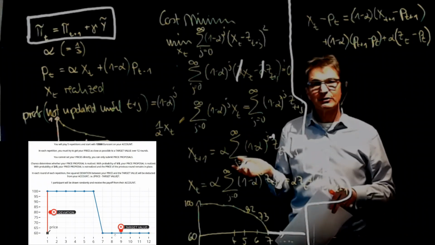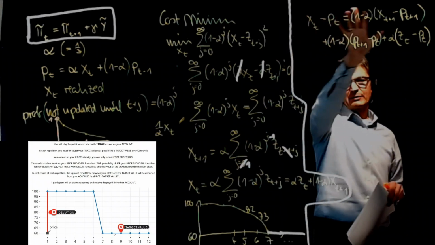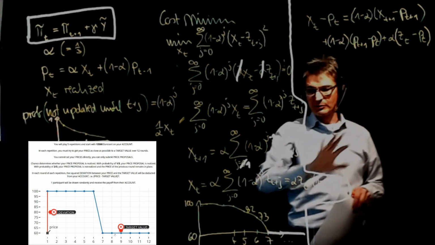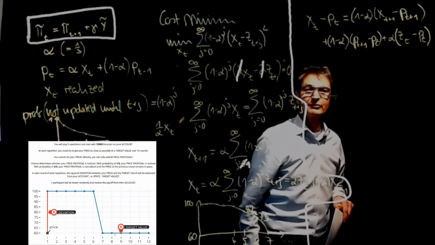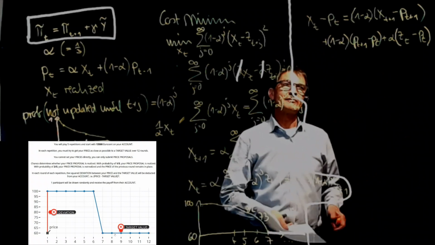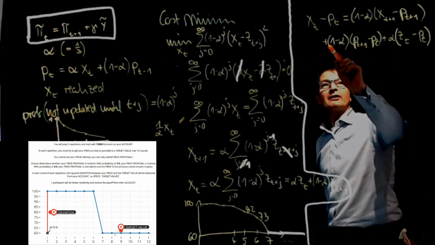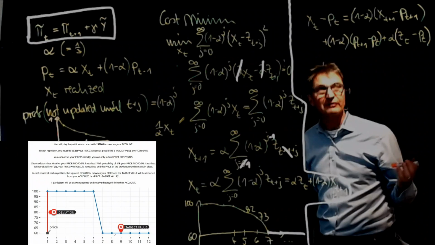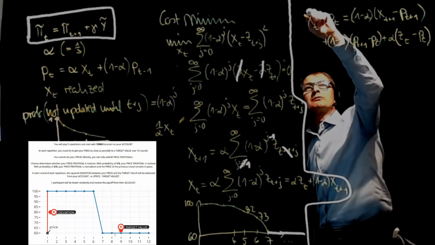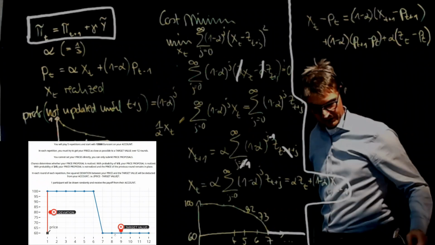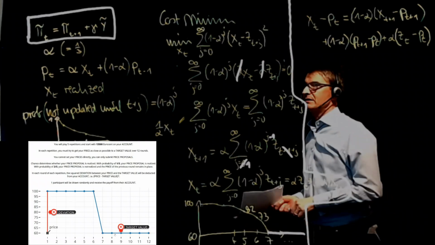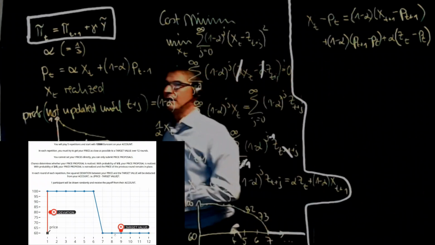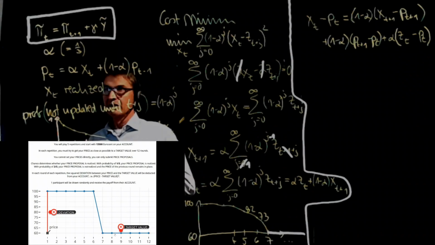It's not observable. So we must somehow transform this equation to something that is observable. So this P_{t+1} minus P_t, that is observable. So that's nice. But we must get rid of these x's here.